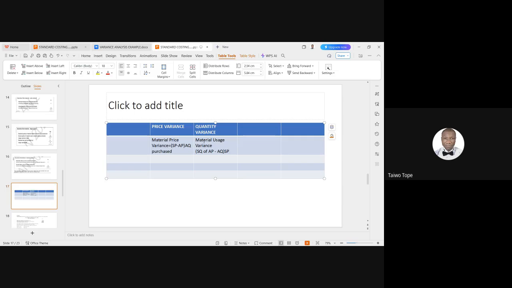That is the standard price that has been set. So standard quantity of actual production less actual quantity, multiplied by the standard price. And I said standard quantity is always flexed in relation to actual production.